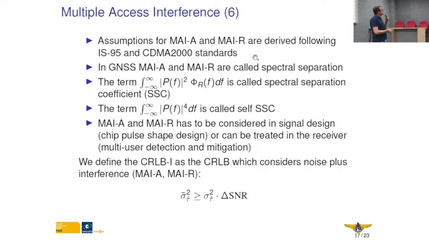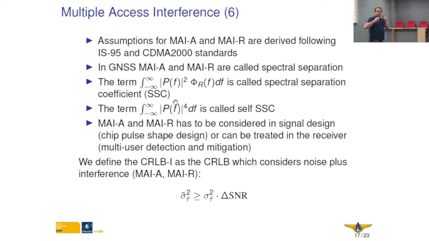Then in GNSS, there are different terms for this, for multiple access and for multiple system interference. They're called spectral separation, and especially the term for the intra-system case is called the self spectral separation coefficient, and the spectral separation coefficient is the cross power spectral density between the signal of interest and the signal from the other system.